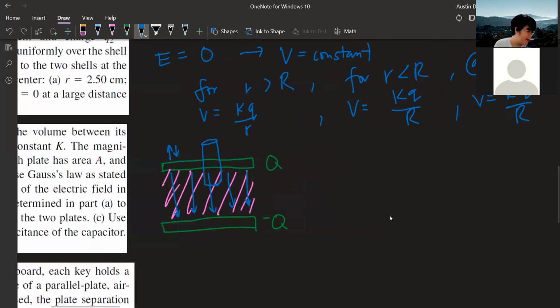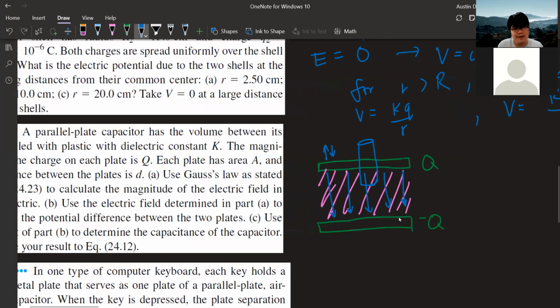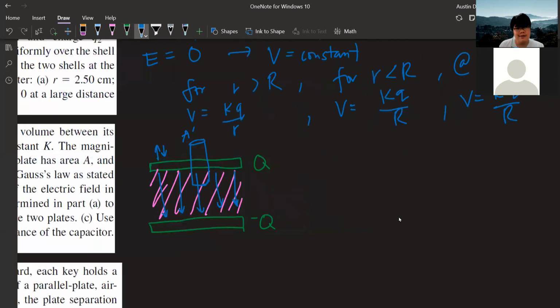The electric field that I would get is, let's call this A prime. Okay, A prime yung area ng top plate ng top part ng Gaussian surface ko. So I have E times A. Okay, hindi 2A kasi 0 sa taas, dito lang ako may value.